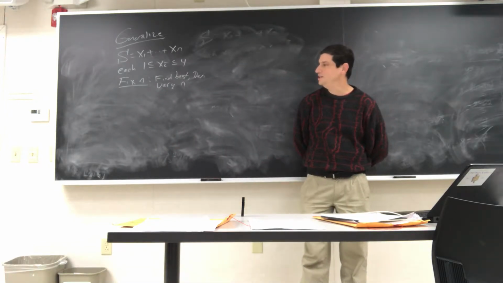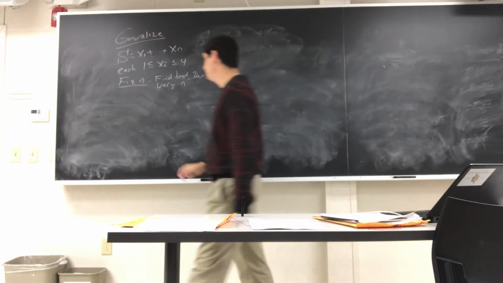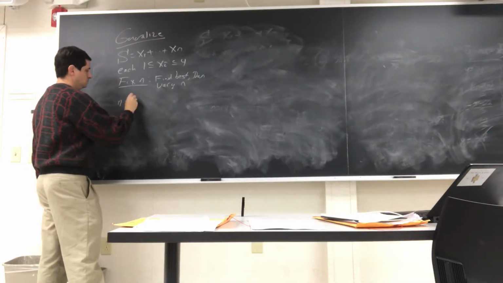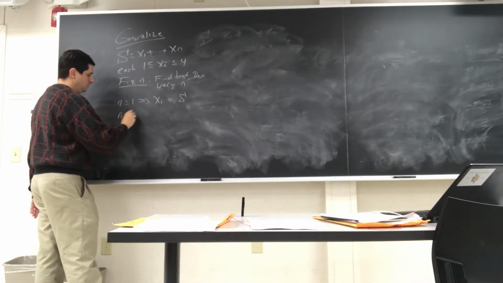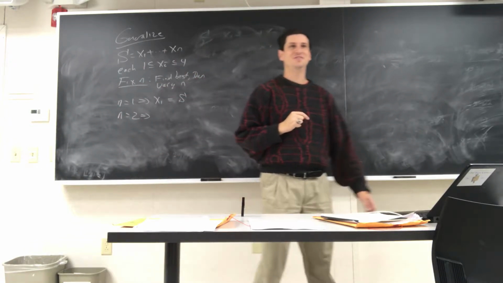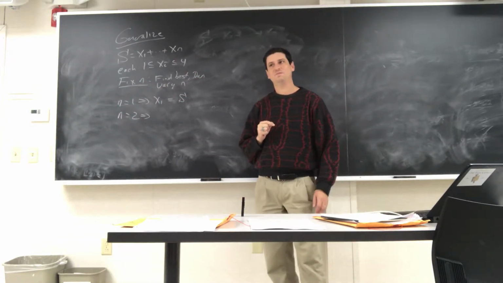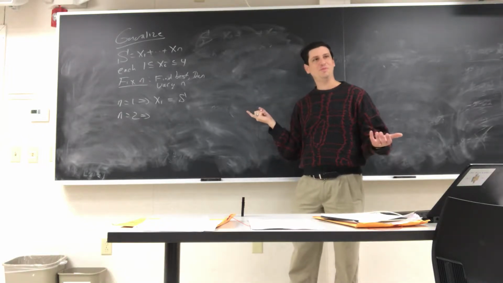So if n equals 1, it's not that bad. You just take S. If n equals 2, I claim we've seen this already this semester. It's the Farmer Brown problem.